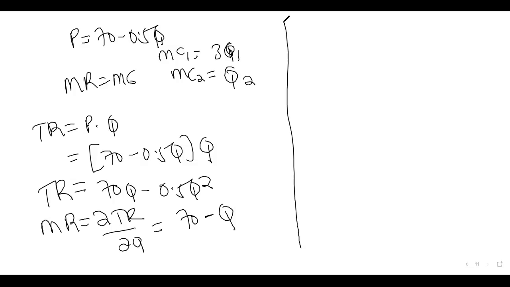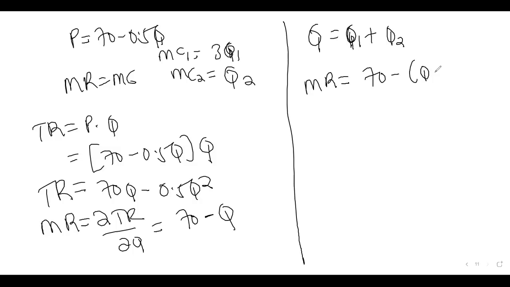Because we are producing in 2 plants and the 2 plants give the final output, the quantity itself is the quantity of plant 1 plus the quantity of plant 2. So marginal revenue will be equal to 70 minus Q1 minus Q2.